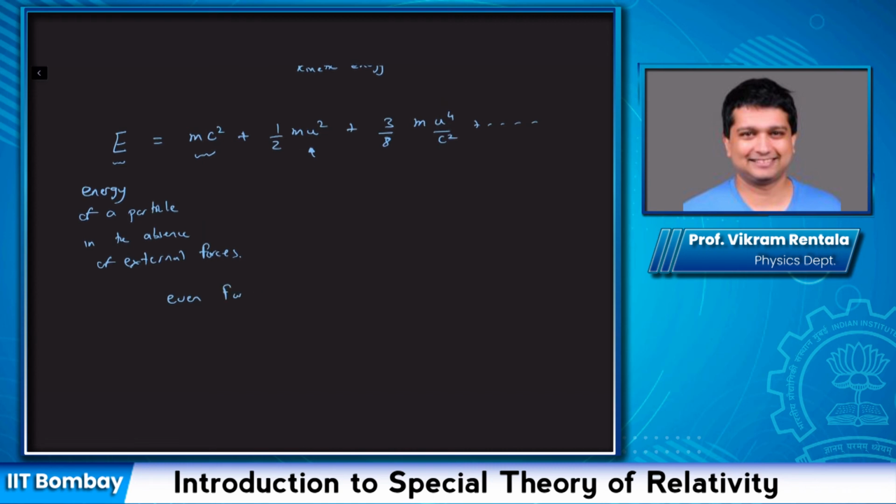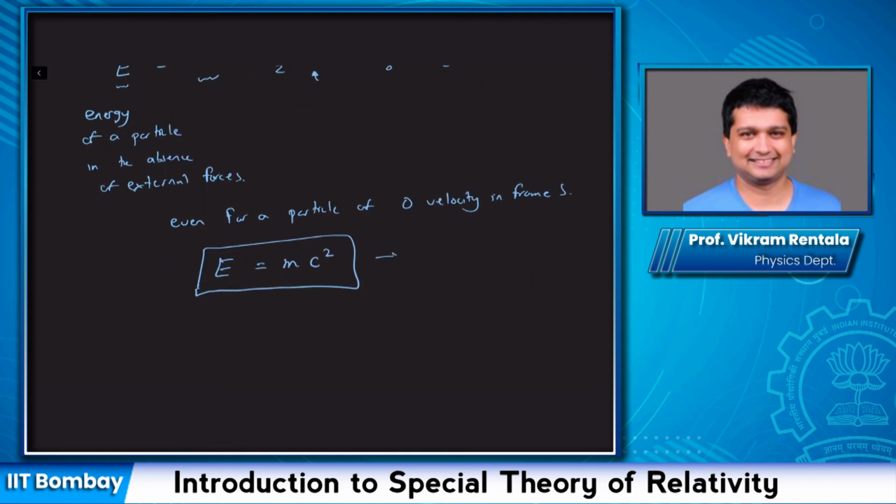Even for a particle of 0 velocity in some reference frame, in frame S, it would have an energy which would be mc squared. So this is the most famous equation in the history of physics: E is equal to mc squared. This is called rest mass energy.